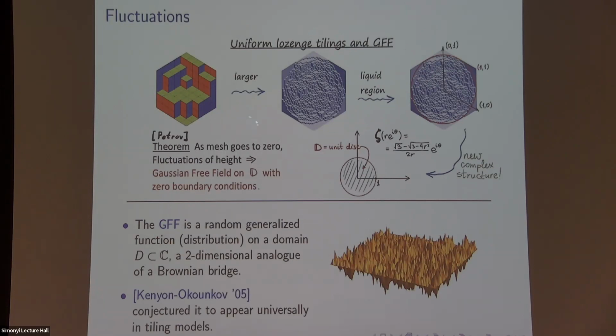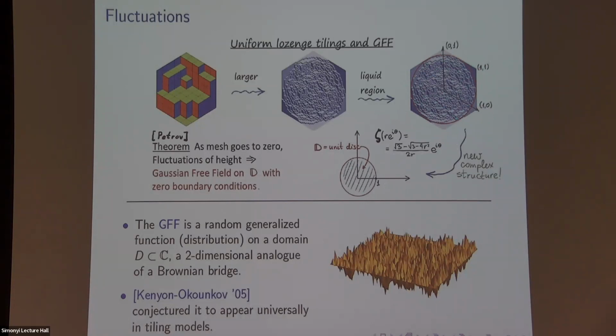This is yet again a known result, by Petrov. If we look at fluctuations inside the liquid region, so inside the region where we have chaotic behavior, then the fluctuations converge to the Gaussian free field, but in some new conformal structure. What I mean by this is that we should take this domain and map it to a unit disk with some precise map.